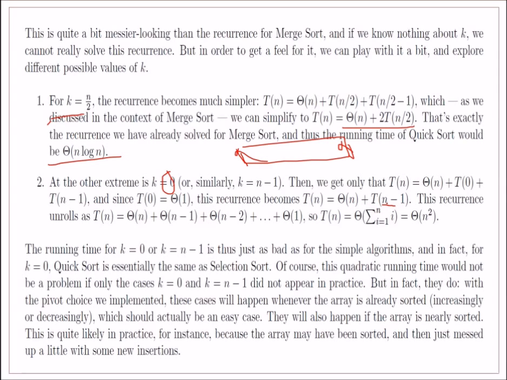This is T(n minus 1) down to theta(n) till theta(1), and this is nothing but the sum of theta(i), that is theta(n square). So ultimately this becomes theta(n square) only. So what you choose is very important. If you choose the pivot value like this, then it will become order of n square. If you choose the middle value, it is order of n log n.